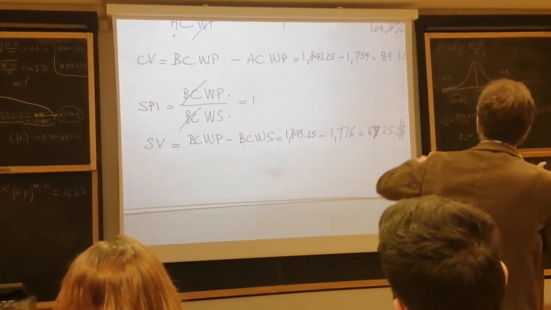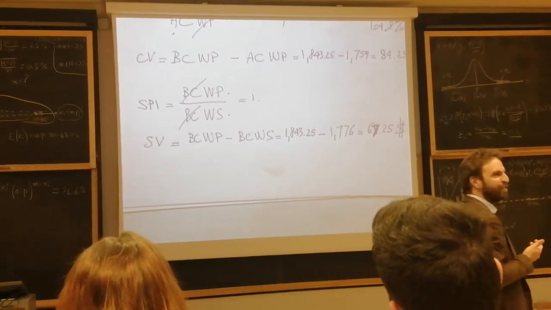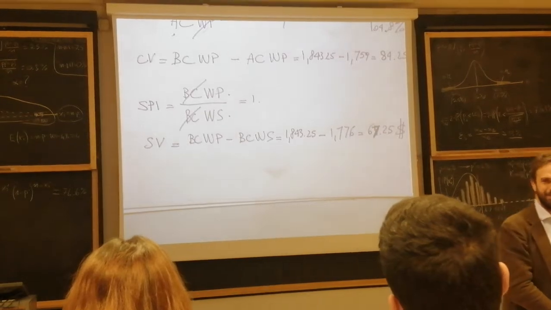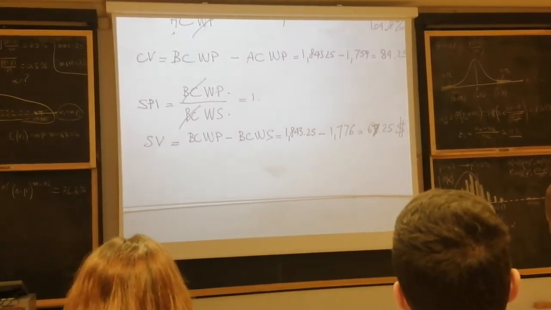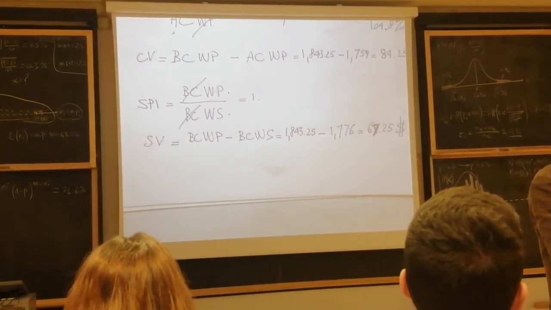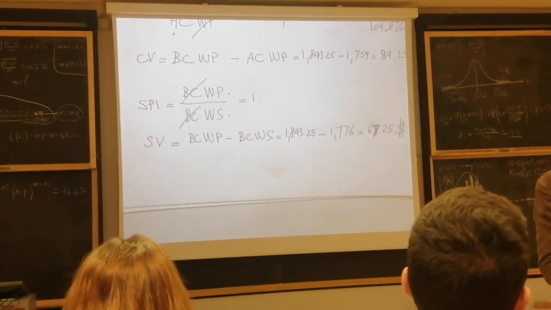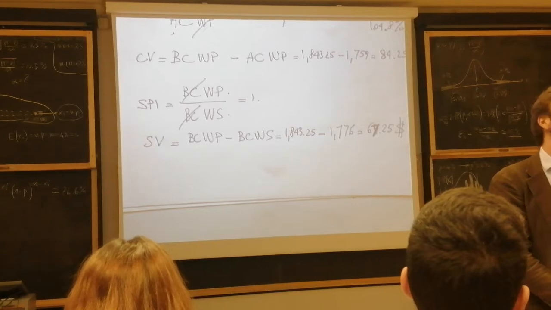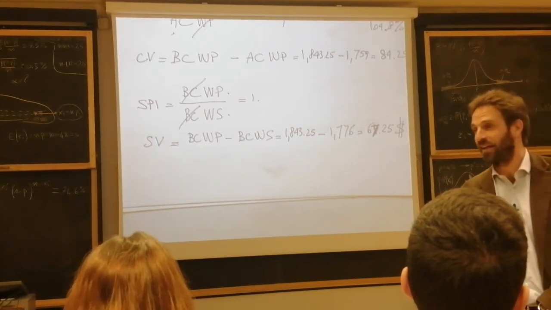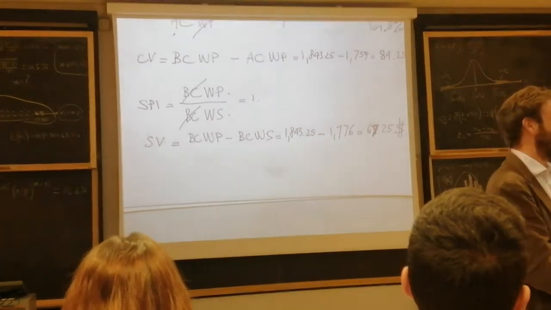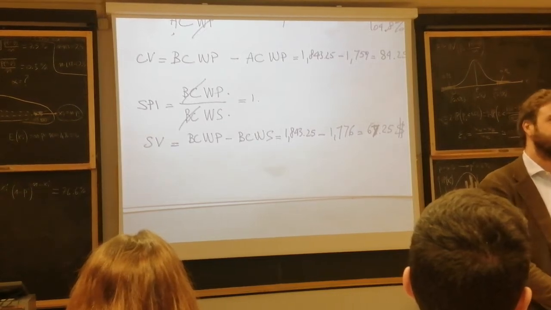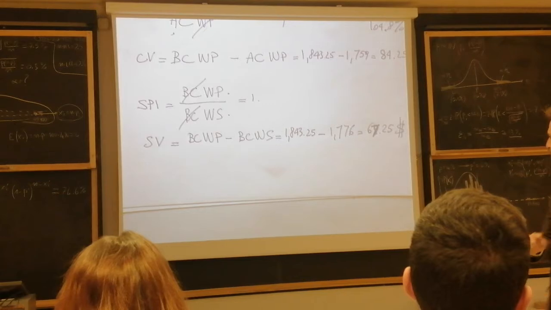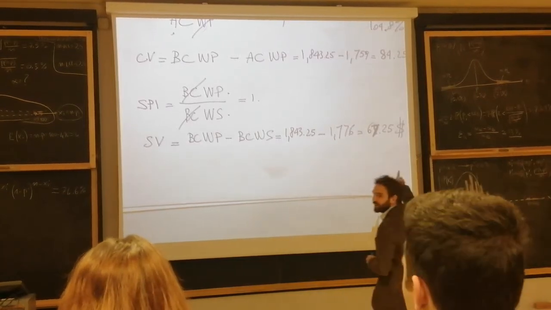In fact, no, because we're saving money on time. So in fact, I can answer the question: we are ahead of time. We're saving time. I don't know how much, but I know that the time we're saving has a money value of $67,250.